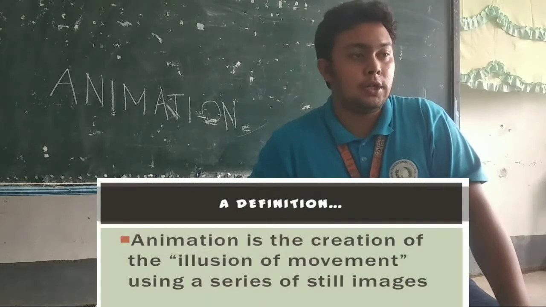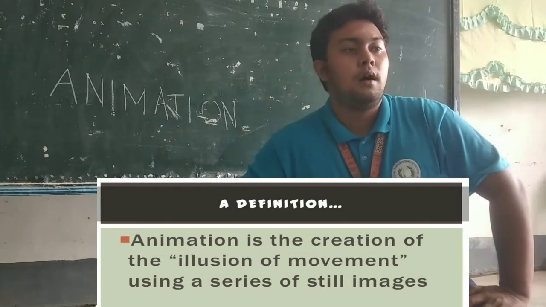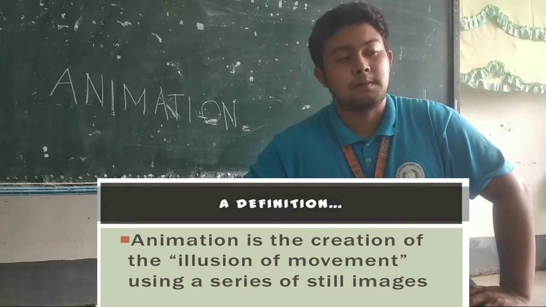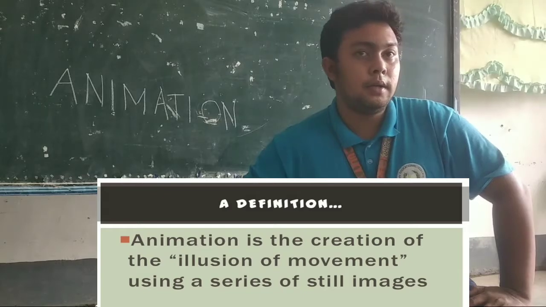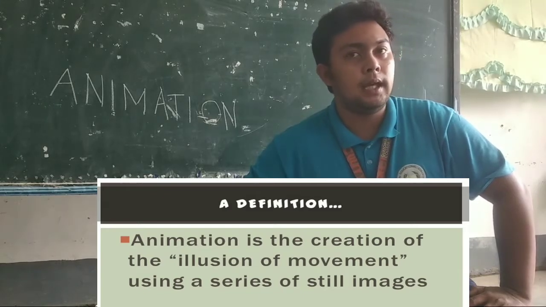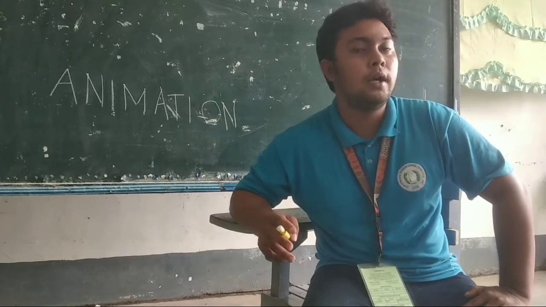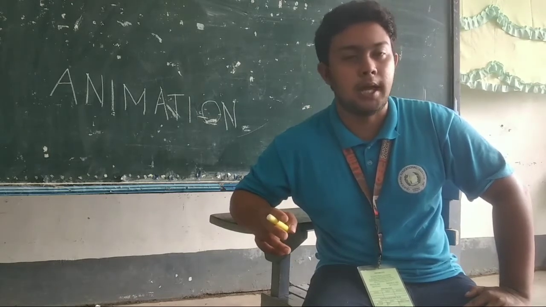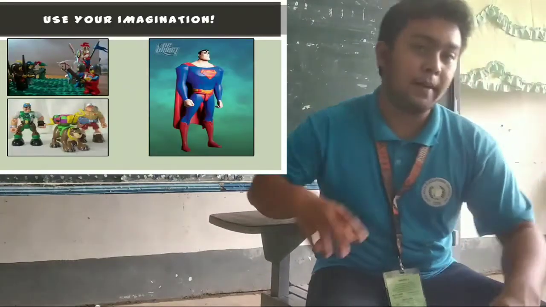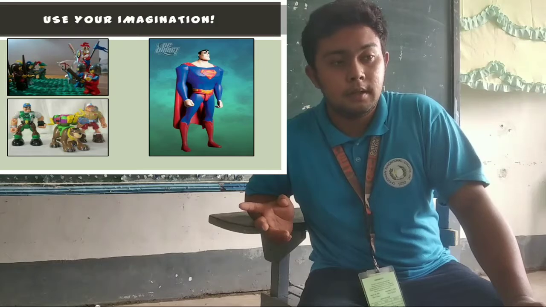On this definition, animation is the creation of the illusion of a moving object using a series of still images. It means that it is layers of pictures combined together to form a moving object. Use your imagination. Have you seen them?